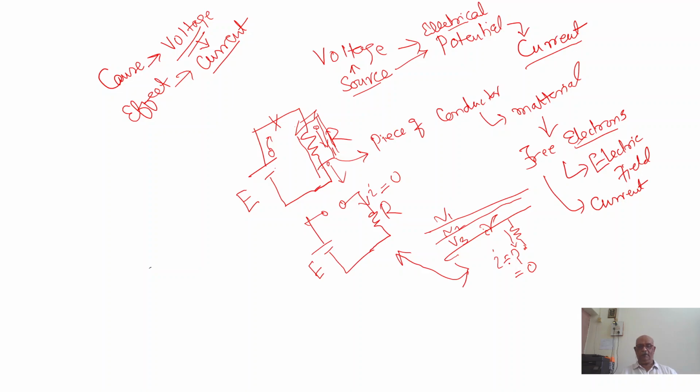Since there is no current, it doesn't get a shock. So, what is a shock first? When the current passes through a body, let's say a human, the current goes to the earth and then it comes back. Here is your source. So the current passes through this, right?